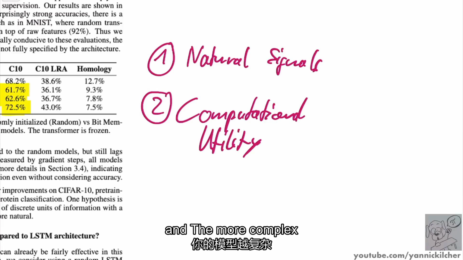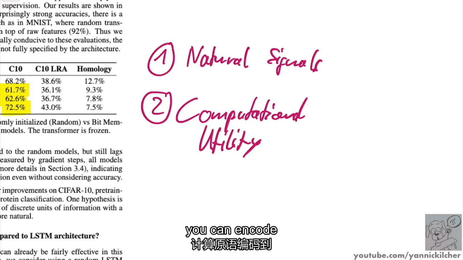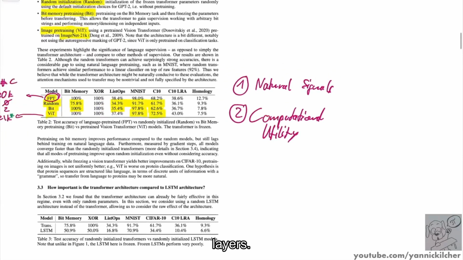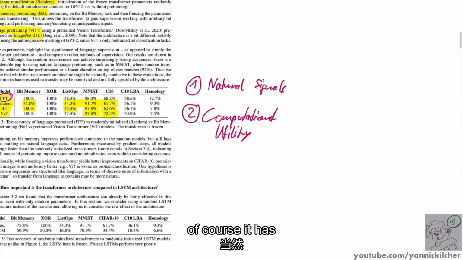And the more complex and the bigger your model, the more computational primitives you can encode into the attention layers.